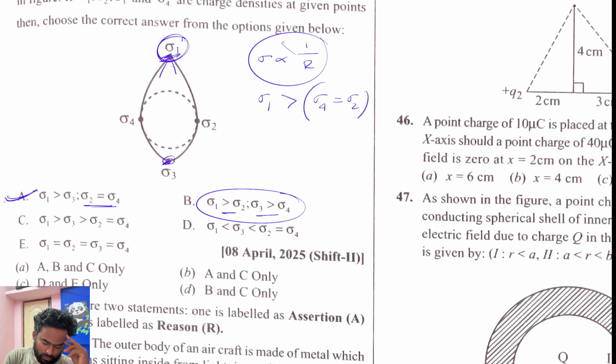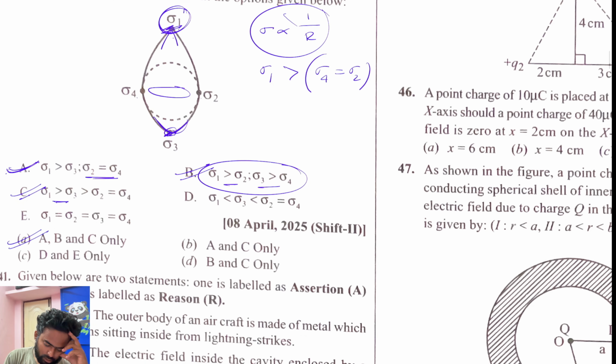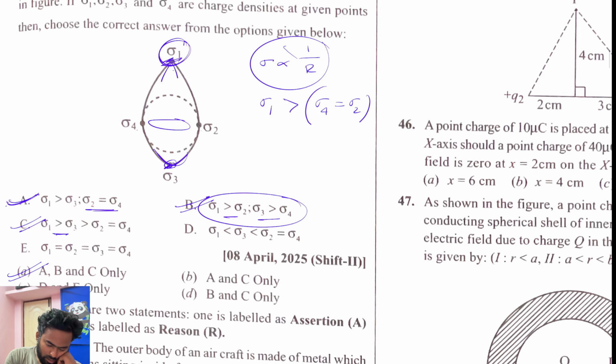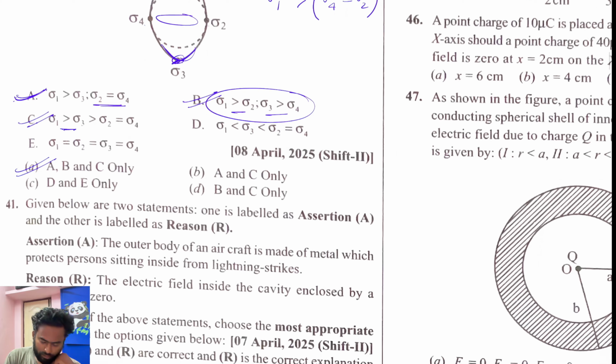Here these two have more curvature and this one has less curvature, so sigma 3 is greater than sigma 4. That's okay. Now see the option, sigma 1 greater than sigma 3, right? And sigma 2 is greater than sigma 4. So that is also a correct option. So which options? A, B, C. Okay, moving on to the next question.